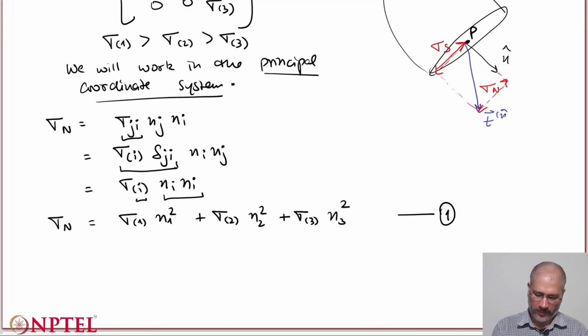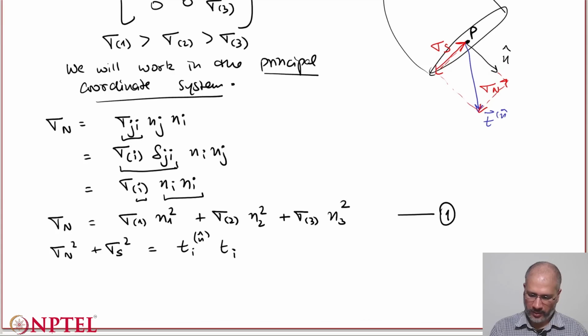Now we know that sigma n squared plus sigma s squared is simply the square of the magnitude of the traction vector, which is T n hat I times Ti n hat. So I'll expand this using the Cauchy stress formula. This becomes sigma Ji nj times sigma Pi np.